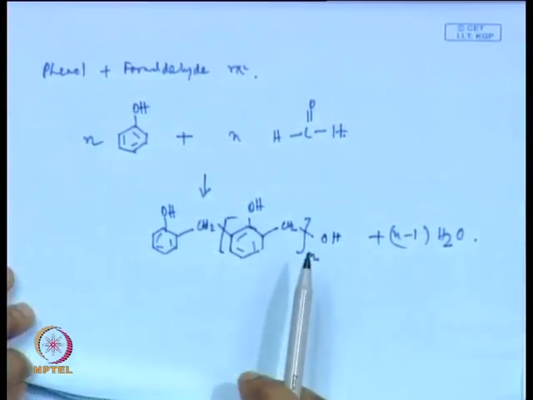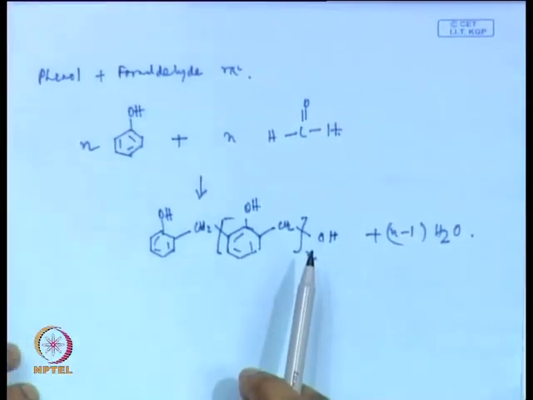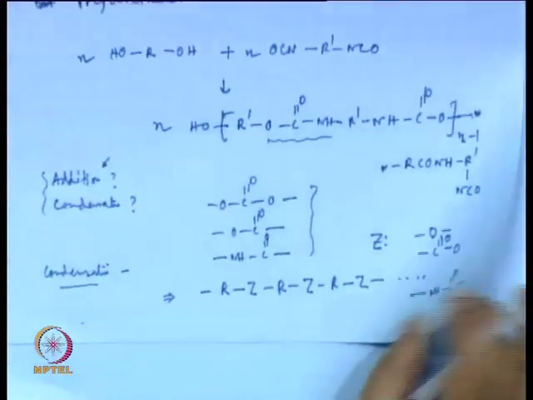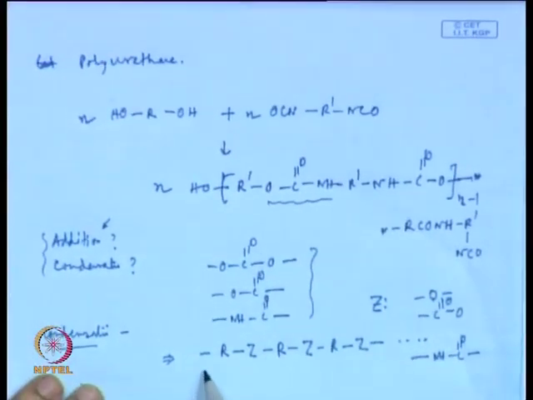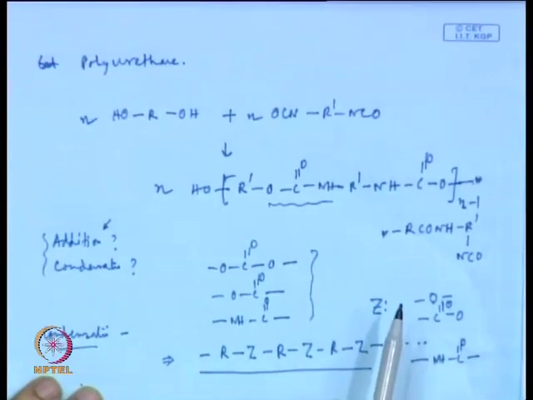So, this polymer is formed by condensation reaction, but the definition we came up with a few minutes back, where condensation polymers are represented by this, and anything else are called addition polymers.